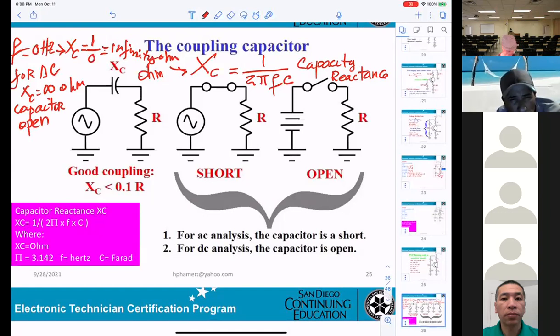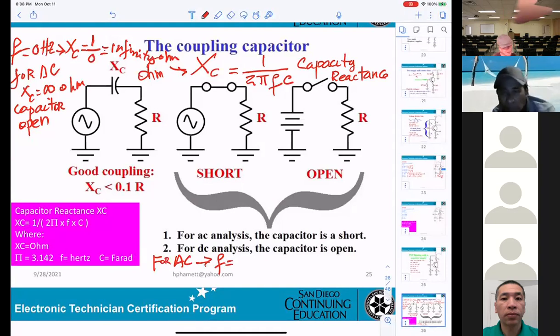However, for AC, what frequency do you want it to be? For AC circuitry, what frequency is it supposed to be? 60 hertz.